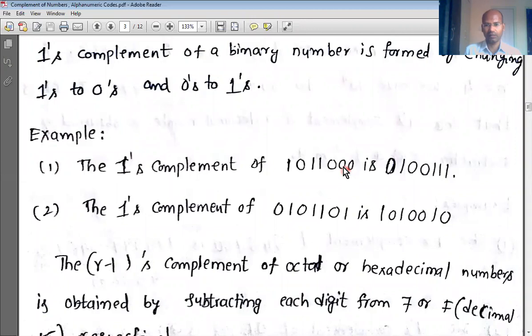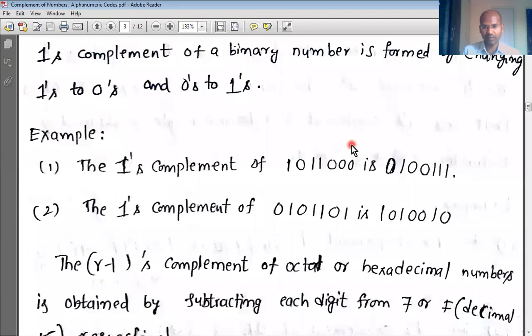Count: 1, 2, 3, 4, 5, 6, 7. There are 7 digits in the given number, so form a number with all 7 ones and subtract. Imagine there is a 1 in each of the seven positions.